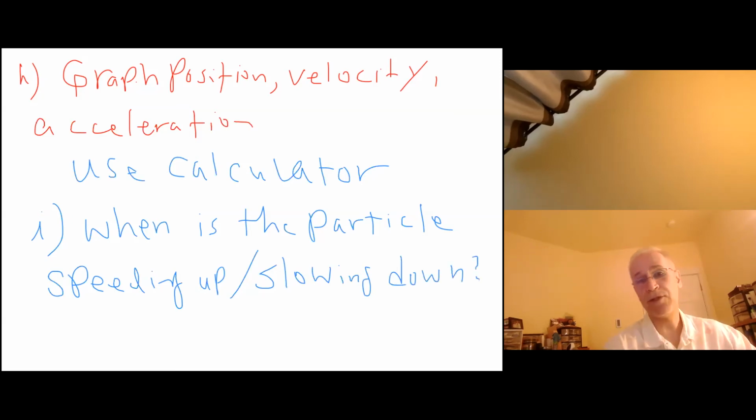We know that if the signs of velocity and acceleration are the same, both positive, then it is being pushed in the right direction. Or if they are both negative, it's being pushed the other direction. So if the signs are the same, it is speeding up. If the signs are opposite, then the particle is slowing down.